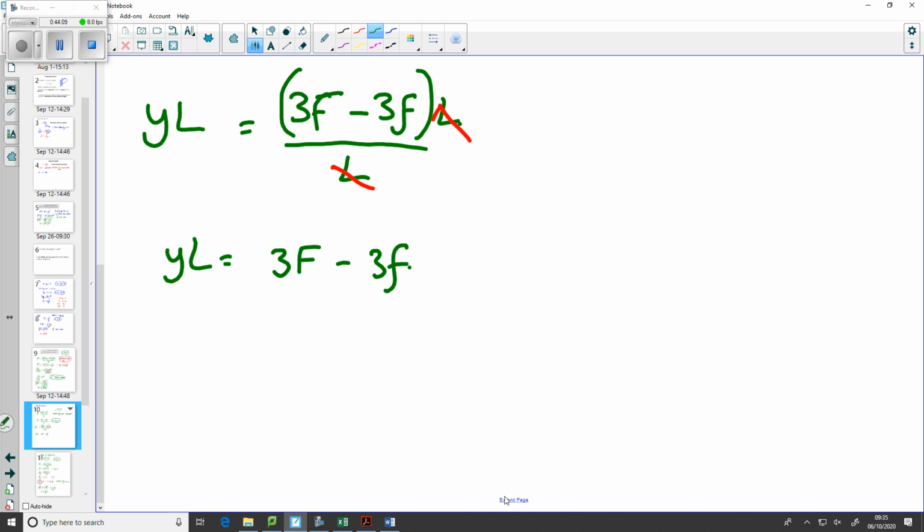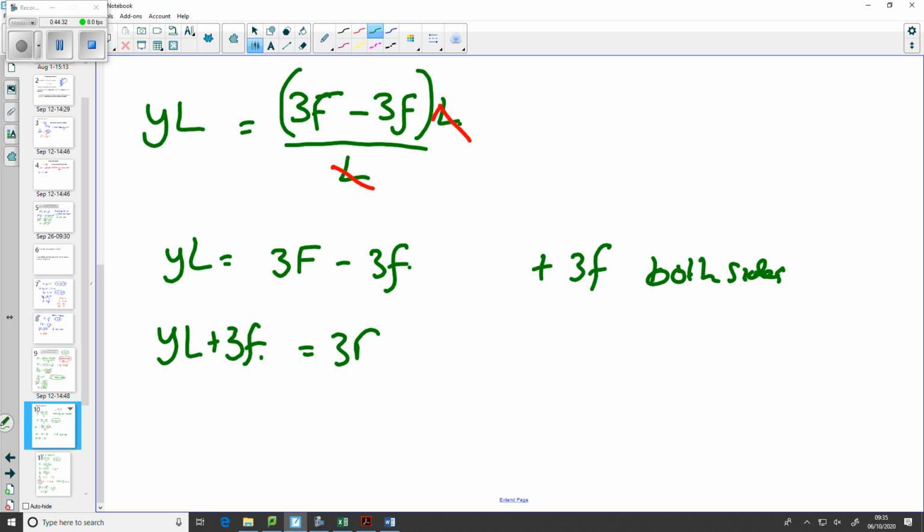So using what we did with the other one, if we add 3f, what happens then? We get YL.